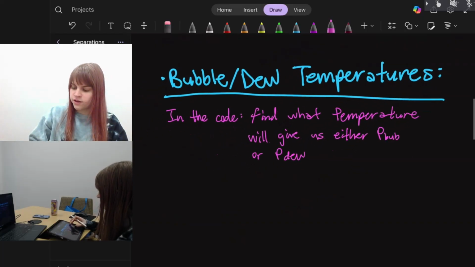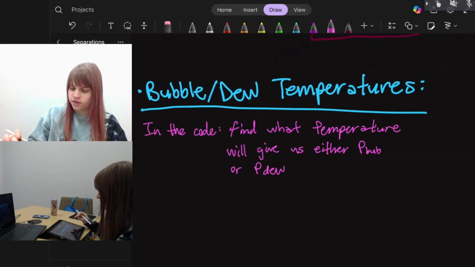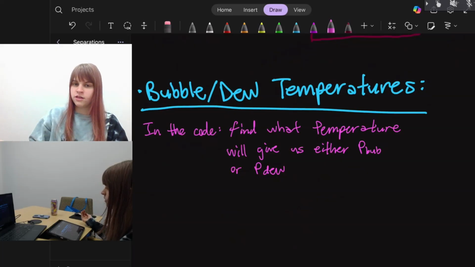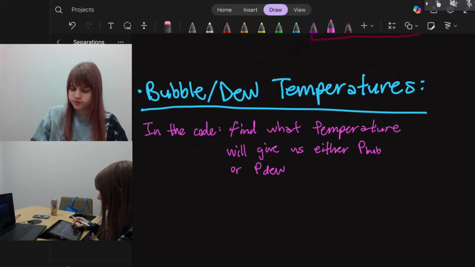The temperature that gives us the bubble pressure will be the bubble temperature, and the temperature that gives us the dew pressure will be our dew temperature.